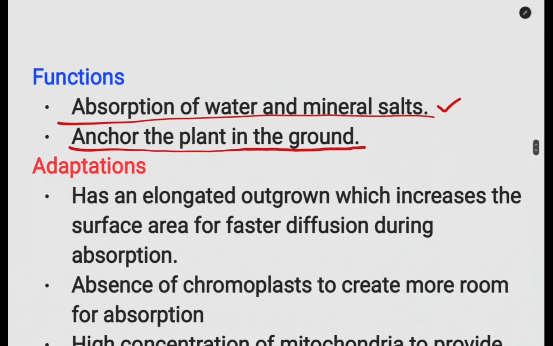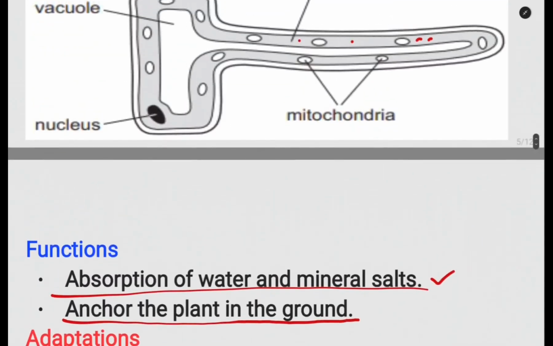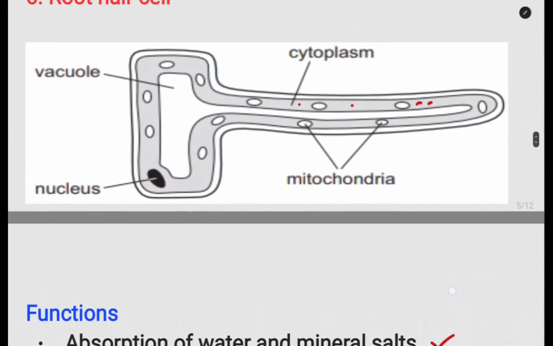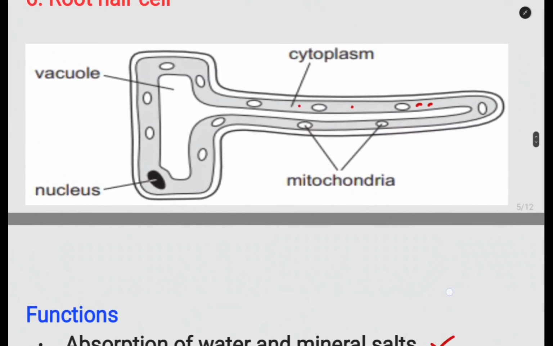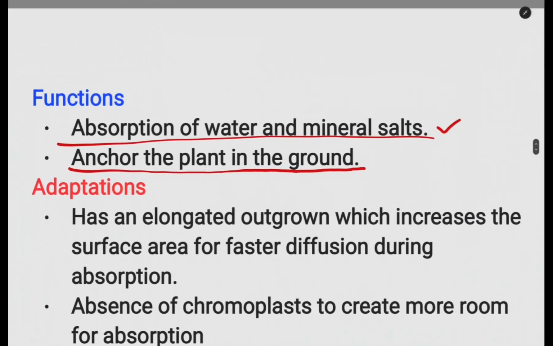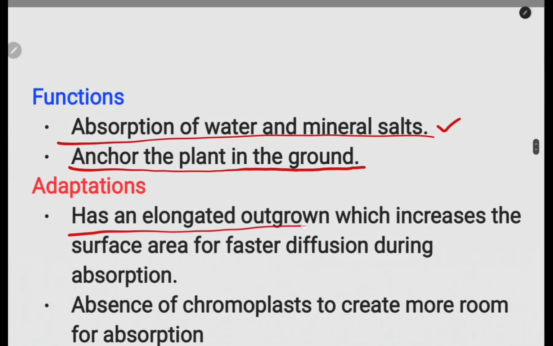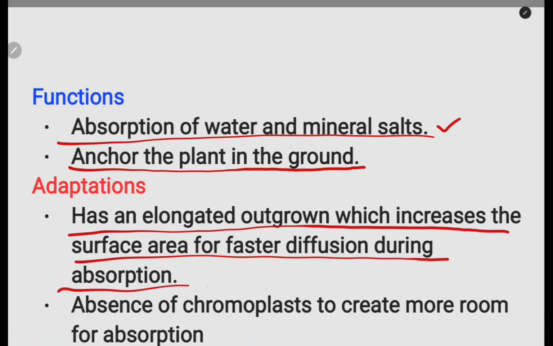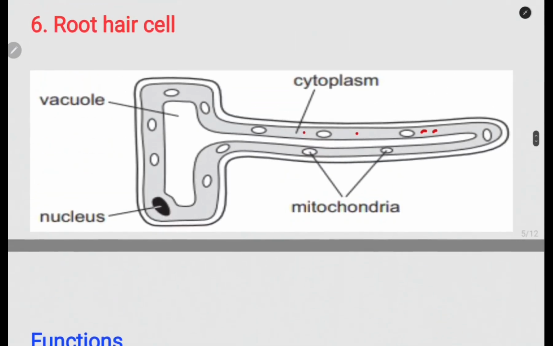What are the adaptations? What features does the root hair cell have that enable it to perform the functions that we've just mentioned? What are the features that they have? One, it has an elongated outgrowth, which increases the surface area for the diffusion of water and mineral salts during absorption.